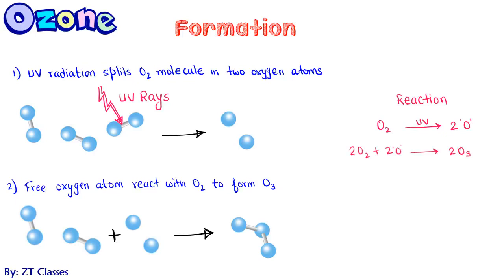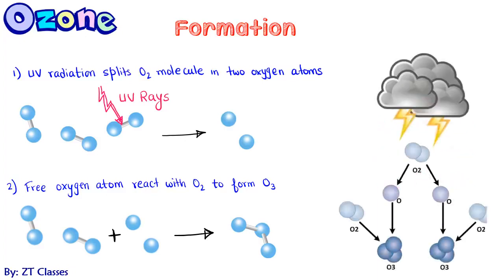If we combine these 2 steps, the oxygen atom gets cancelled on both sides and we get 3 oxygen molecules combining to form 2 ozone molecules. The energy to split the oxygen molecule can also be provided by lightning, but that contributes only a fraction of ozone gas formation.